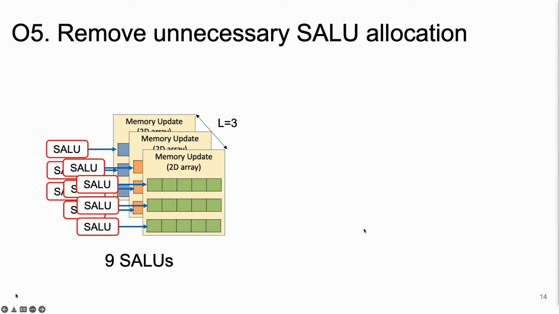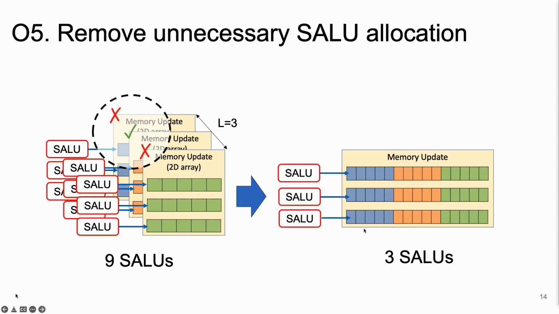Then one property that we can leverage from the sketch design is that in many multi-level sketches, only one level needs to be executed. So what we can do here is consolidate many short counter arrays into one long counter array and assign only one SALU to it.